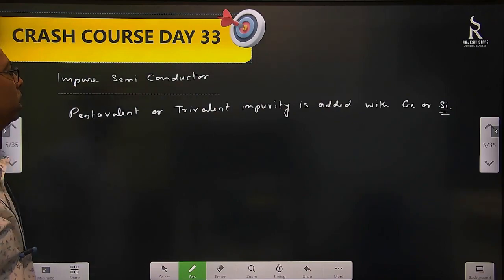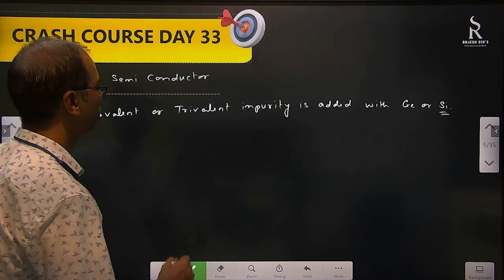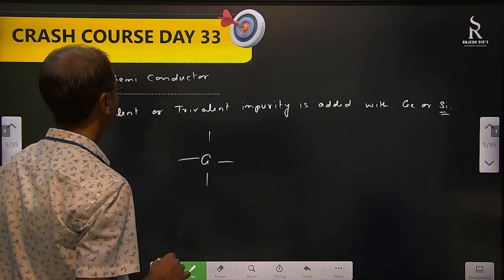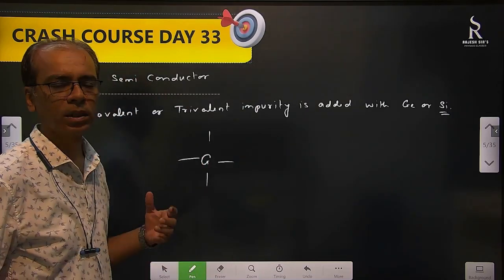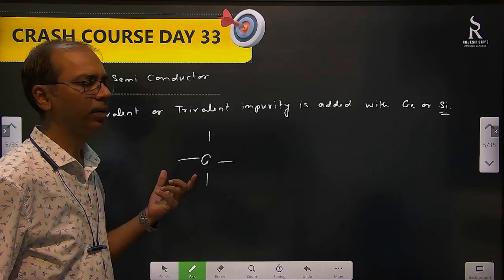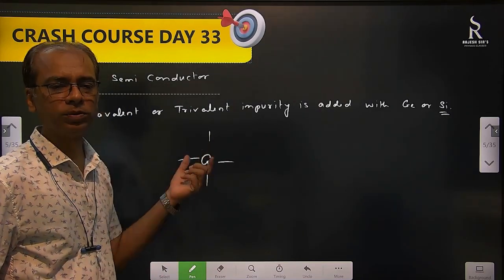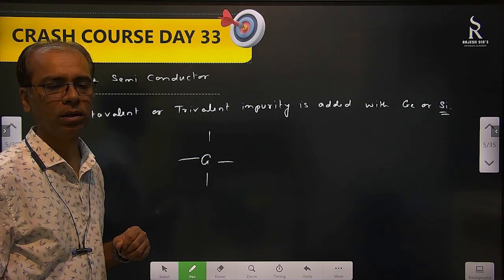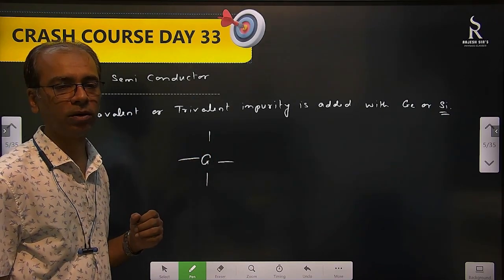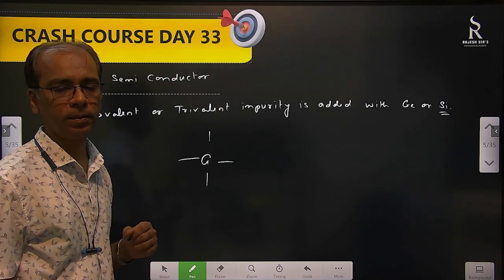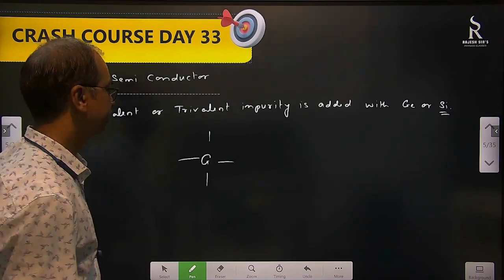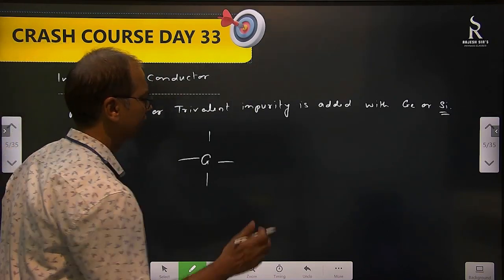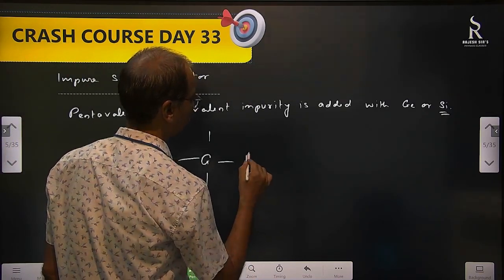Okay, now when you add a pentavalent impurity, you already know that germanium has valency 4. So the 4 electrons of that pentavalent impurity will make covalent bonds with 4 electrons of this germanium. Then one will be extra. Where will that extra one go? It will go to the conduction band. Suppose the pentavalent impurity is phosphorus. So phosphorus is here.